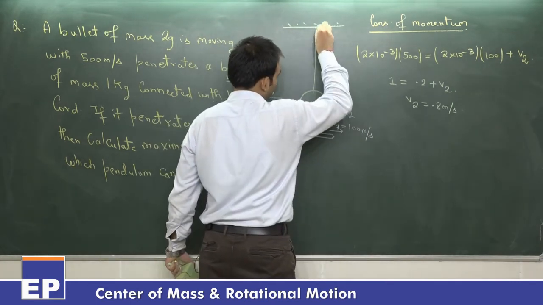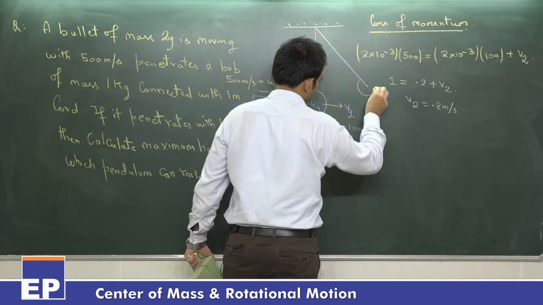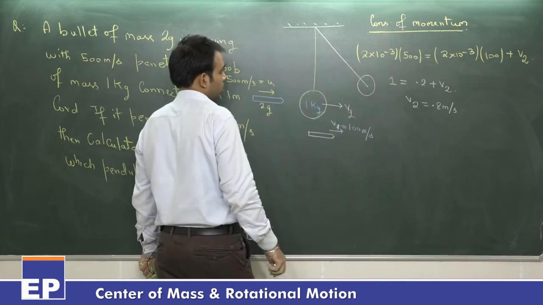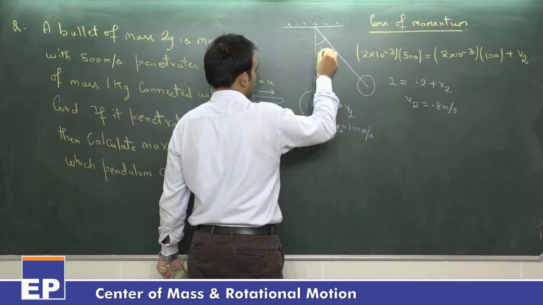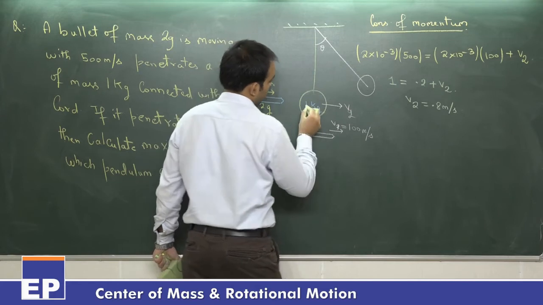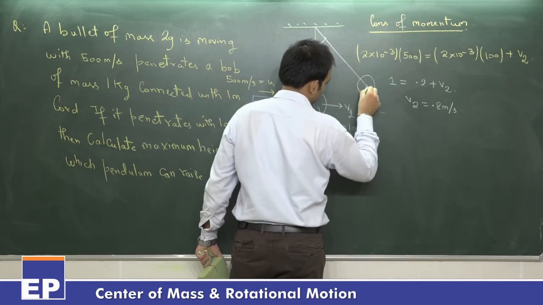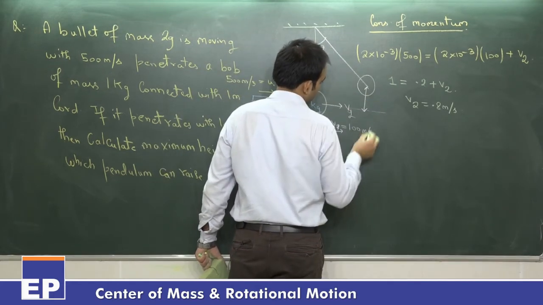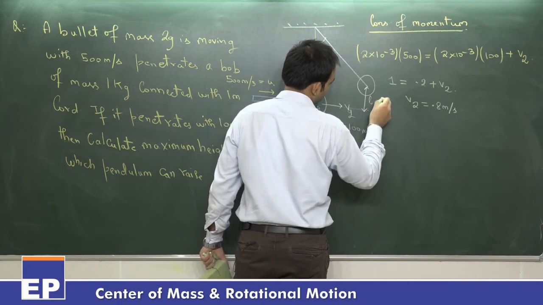Let's suppose it rises up to this height. This is the theta. So it rises by a height h. This is L minus L cos theta.